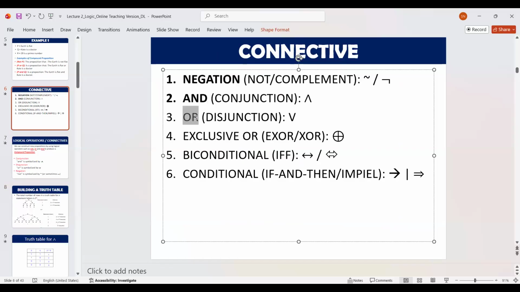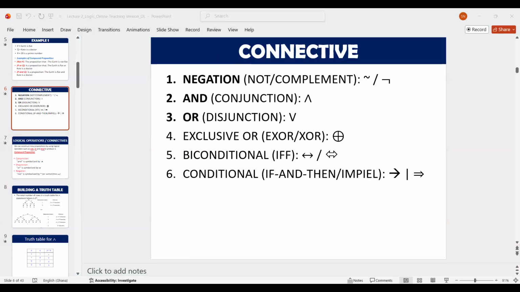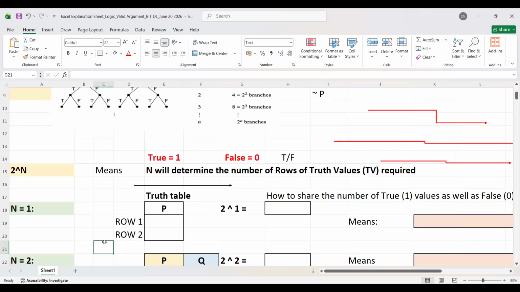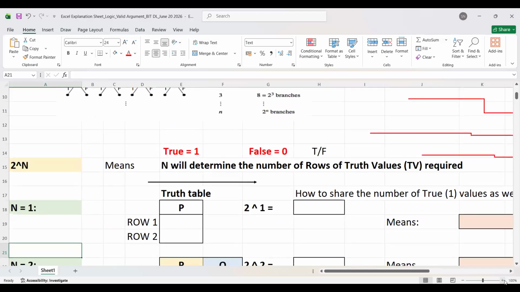When you have or, what do you do? What are the rules for this? I can better explain this using the Excel document that I normally use. So allow me to show you that document, and then we'll take them one by one to draw the truth table for these statements.